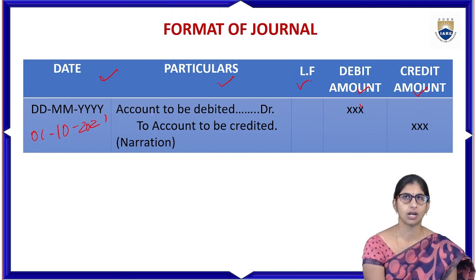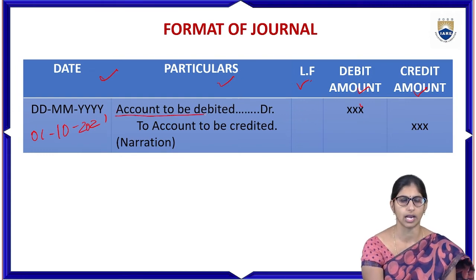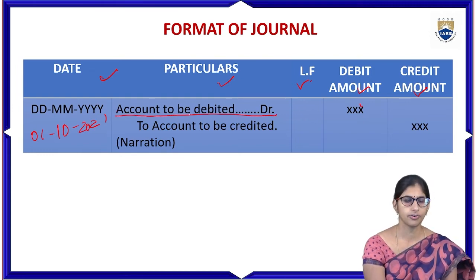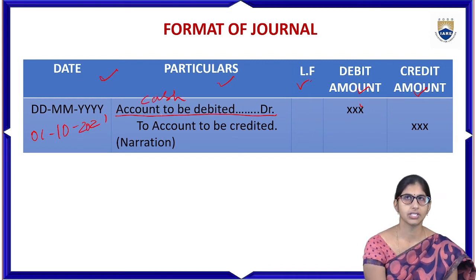And here we write what is going to be debited. We have to write it on the first row. The account to be debited has to be written. For example, cash has to be debited.